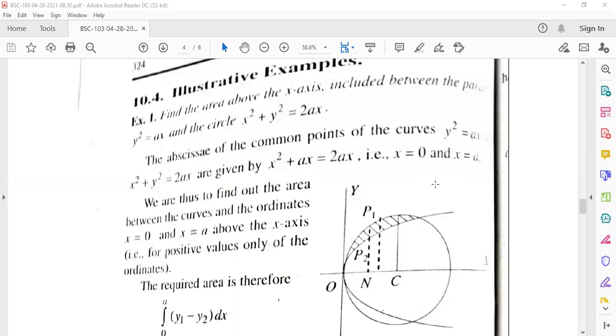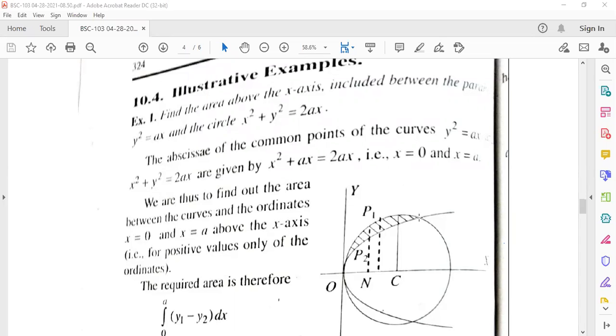This part is understood by everybody. Actually, we want to find out these two points, this point and this point where the two curves are cutting. So we have to solve these two curves. As both of the curves are of second degree, they must meet at two points.